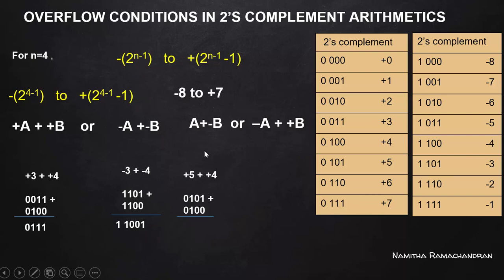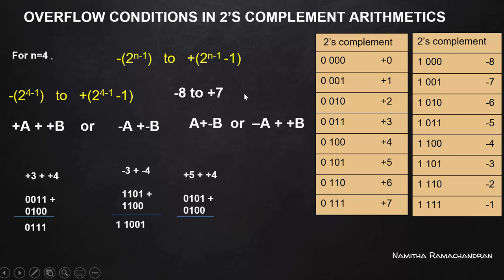Now consider another example: plus 5 plus plus 4. The 5 representation is this, and the plus 4 2's complement representation is this. The expected result is the representation for positive 9. Is this positive 9 present in this particular range? No, it does not come under this range of minus 8 to positive 7.